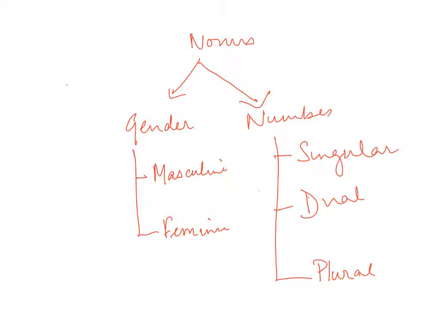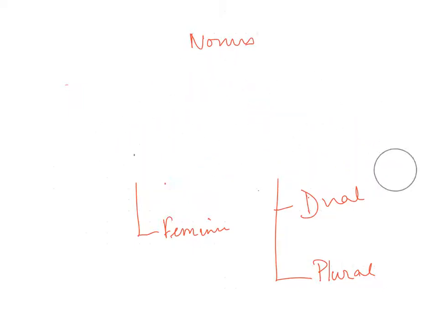So now let me tell you something about Hebrew masculine nouns. Hebrew masculine nouns are very notorious, especially masculine singular. It's very difficult to figure out if a noun is masculine singular. The only sure way to find out is to go to a lexicon. Why do we say that?